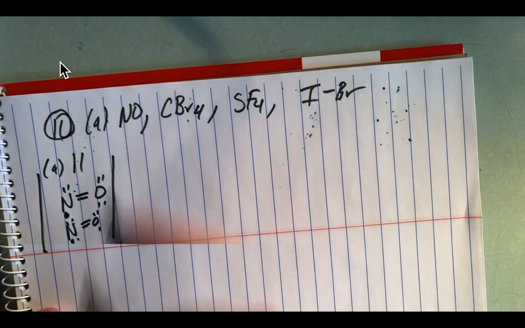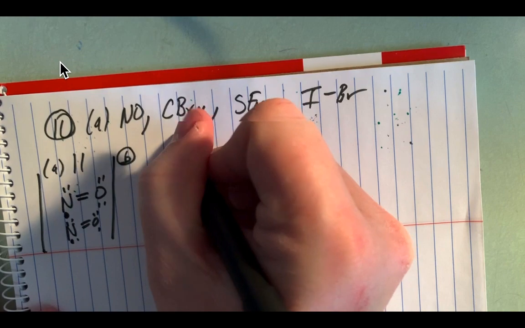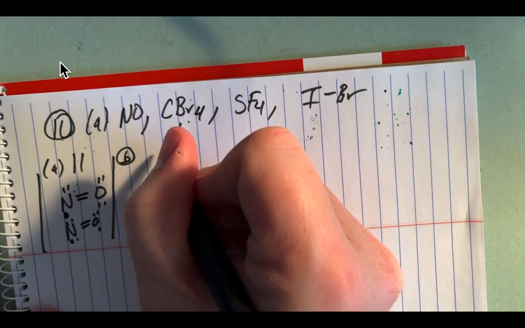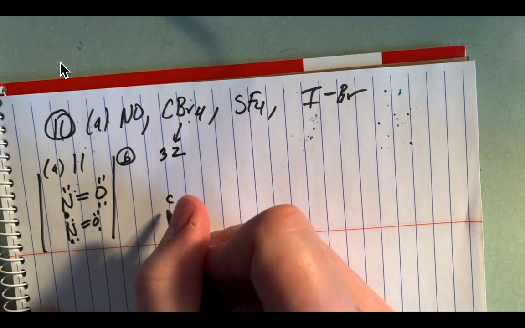All right, now look at CBr4. This has a total of 32 valence electrons.